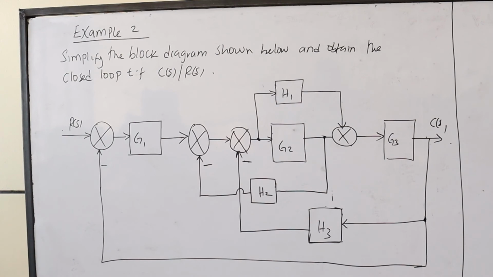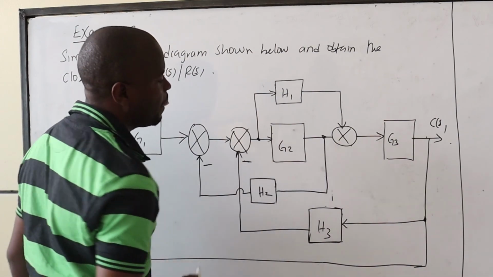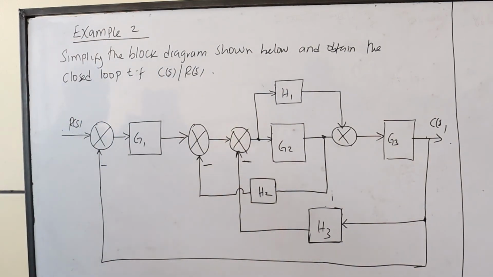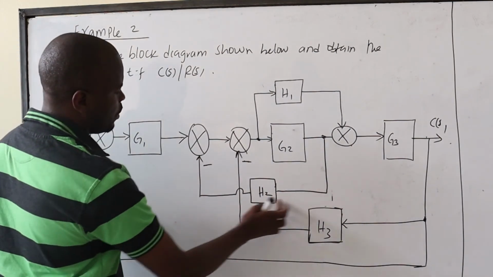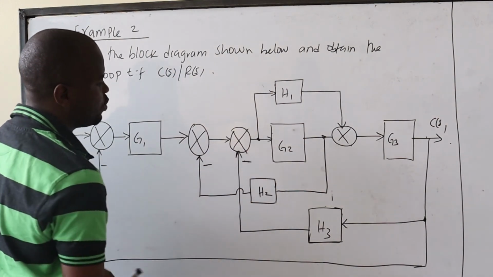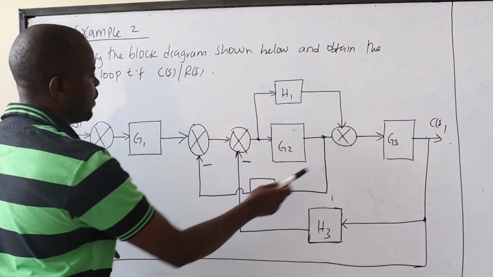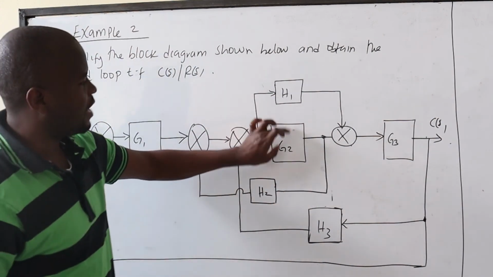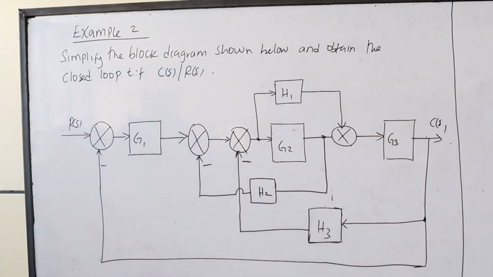We cannot say that G2 and H1 are in parallel because there is a pick-off point in between. So there is nothing in parallel. There is no complete loop we can reduce, because of those pick-off points in between. And this one and that one cannot be said to be in parallel either, simply because there are pick-off points in between. So what rule are we going to use?